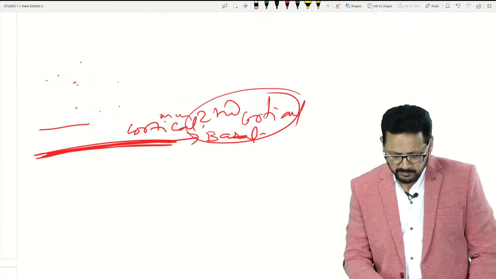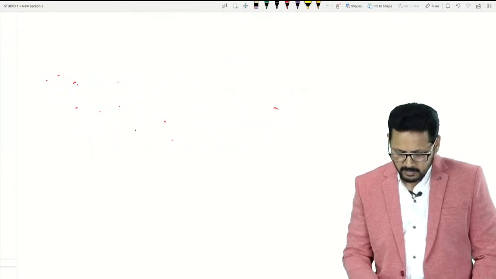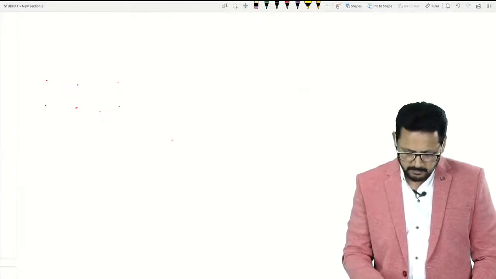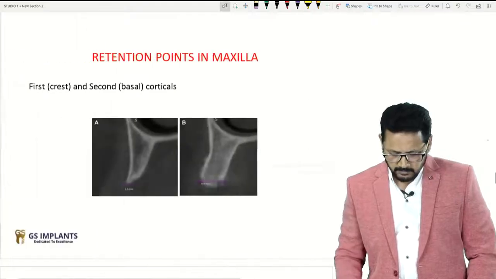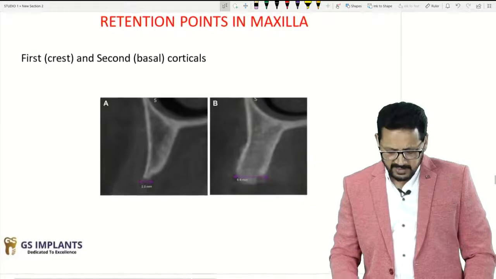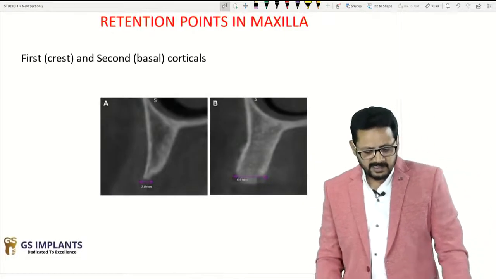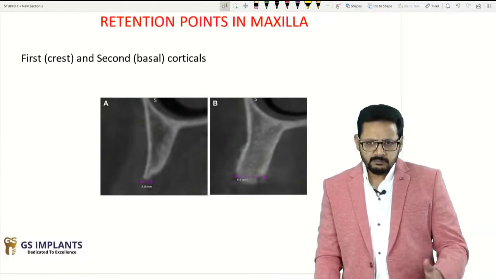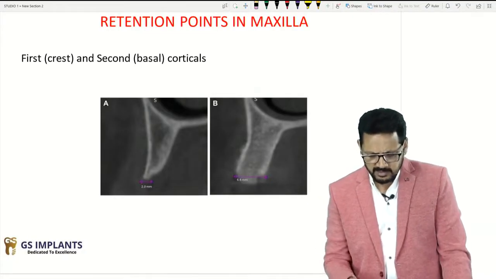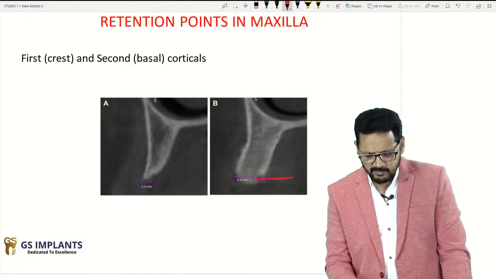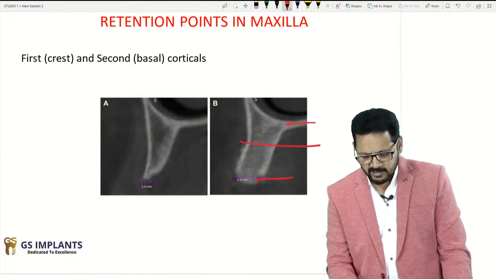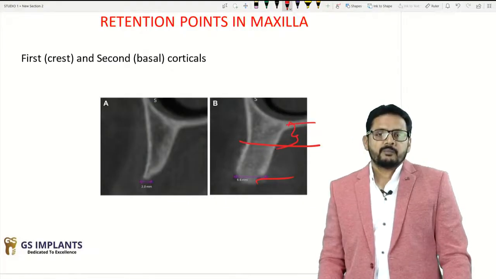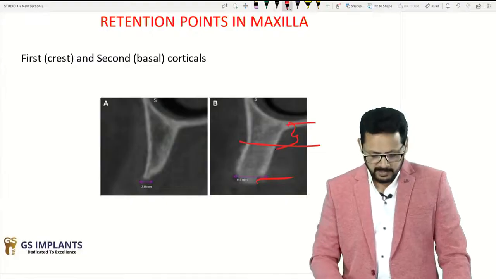So moving on, so the first crest or the second, so in the maxilla basically, this is the crest, and from here, this is the basal, but your cortical bone approximately will start from here. Okay, great.